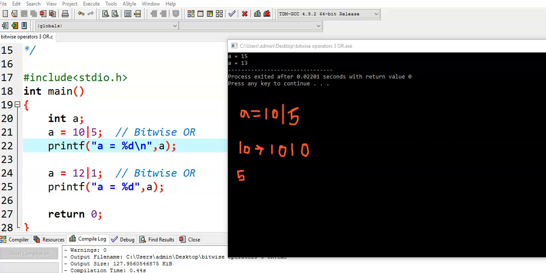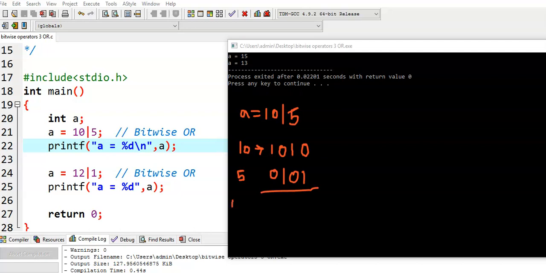And the binary value of 5 is 1 0 1. Now this is only 3 bits, that's why I am adding a 0 preceding 101. This is the binary value of 5.